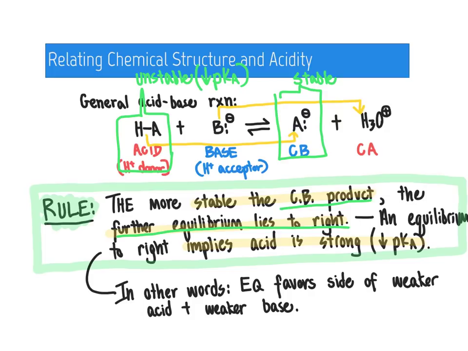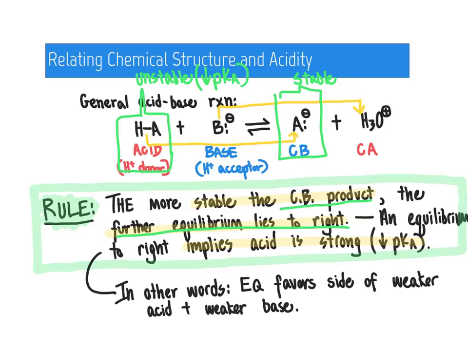In other words, the equilibrium of these reactions are going to favor the side of the weaker acid and the weaker base. And in order to assess that, what we can do is we can look at the relative stabilities of different conjugate bases that are possible from a reaction to predict where a proton will be lost during the course of the reaction. Or if we're trying to look at this equation and decide which side the equilibrium is going to lie on, we could compare the relative stabilities of the base and the conjugate base here.